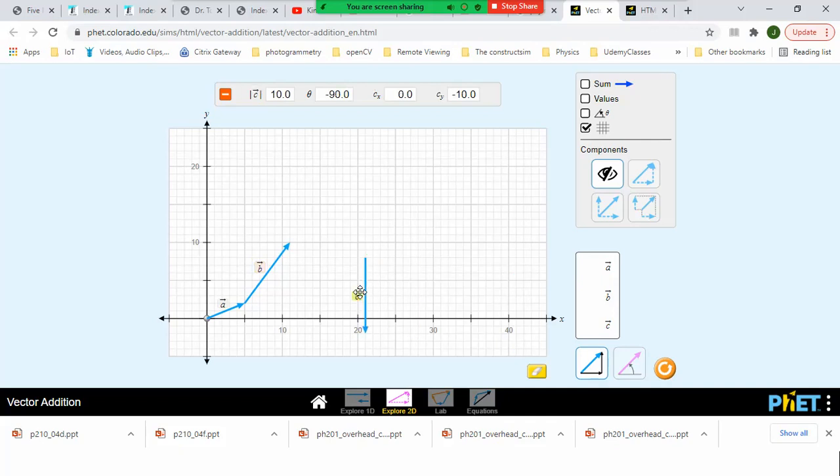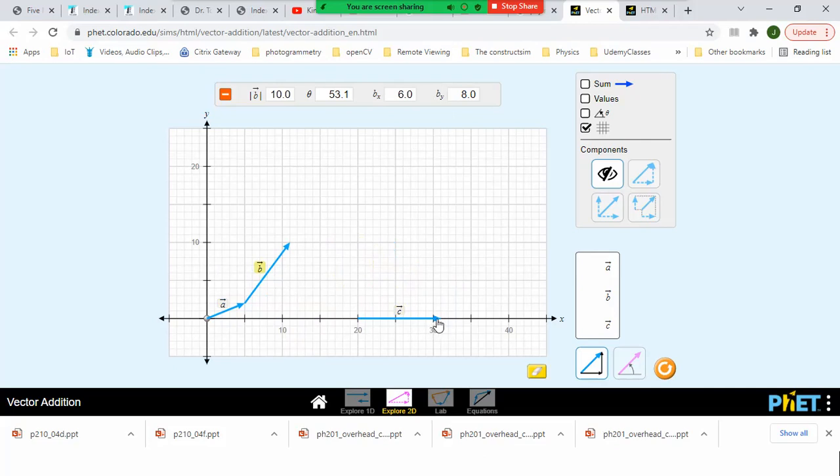Let's get C. Then that's going to be 11 in the x-axis. So let's make this 11. And A in the y direction is 2, and B in the y direction is 8.